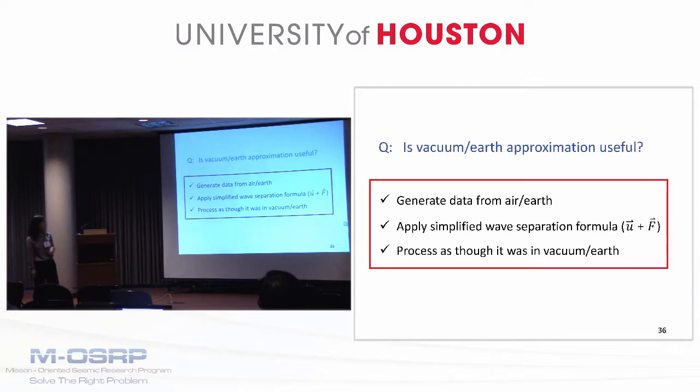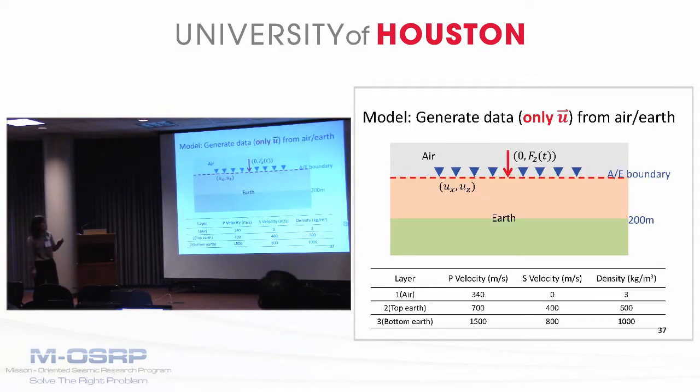Next, I'd like to numerically examine this assumption following the way in this red box. We use a similar model here, and you have an air half space and then two layered Earths with parameters listed below. And this time, the source as a vertical vector is acting on the air-Earth boundary, and Fz is assumed known, and it is a time function.